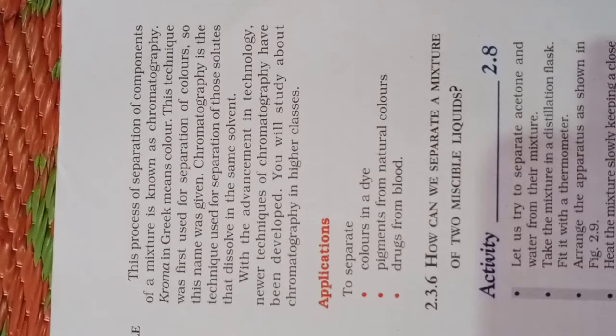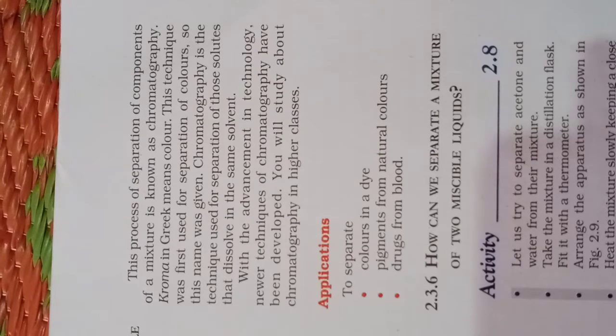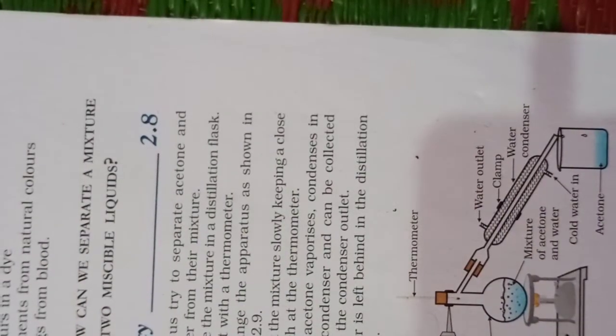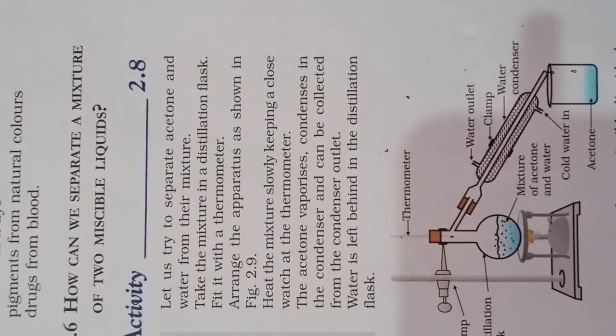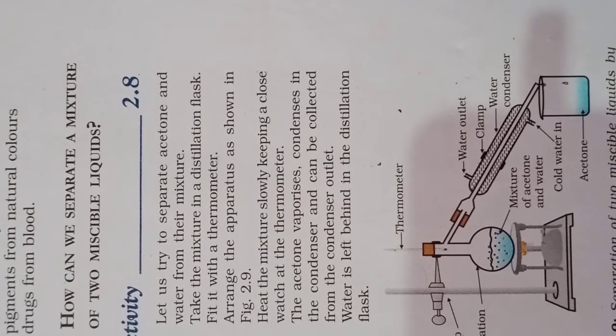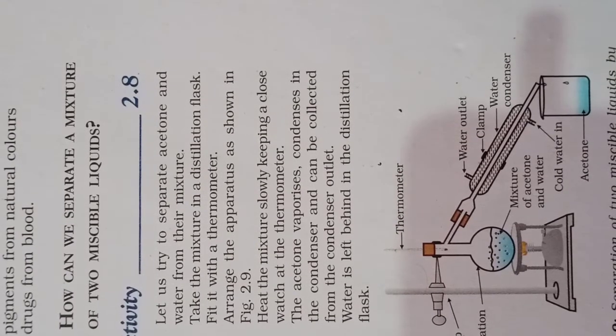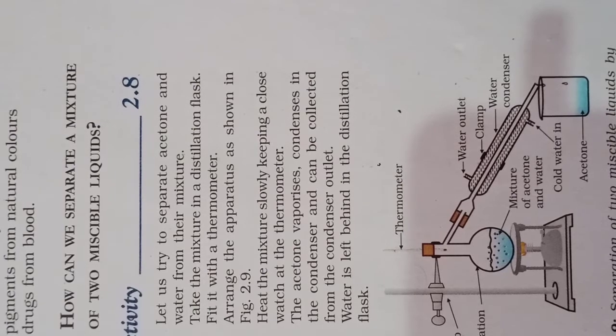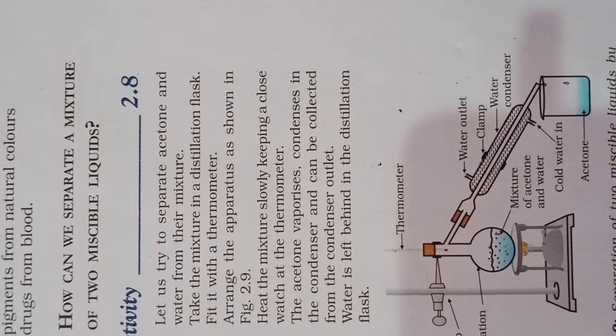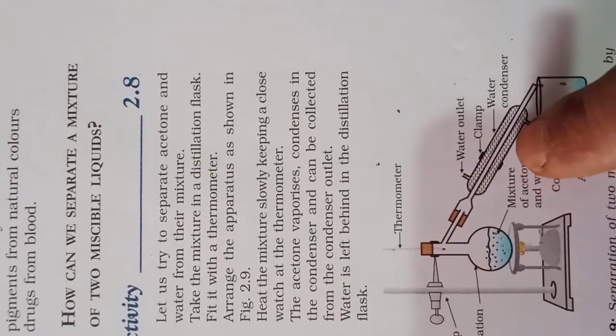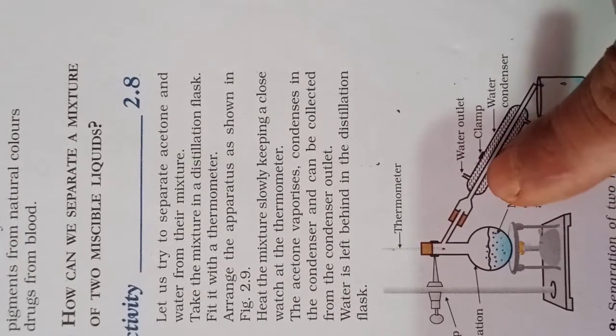Now let us see how we can separate a mixture of two miscible liquids. Two miscible liquids which have different boiling points can be separated by distillation. During distillation, the liquid with the lower boiling point boils first and goes into vapor, and it passes through this column to the condenser.